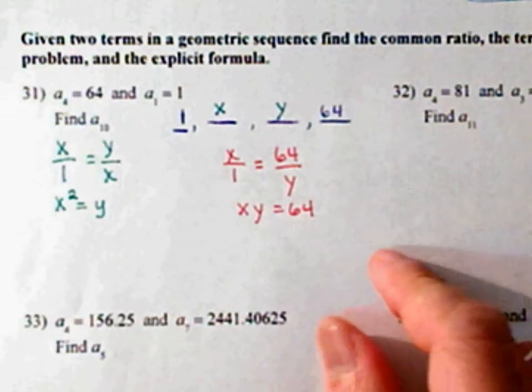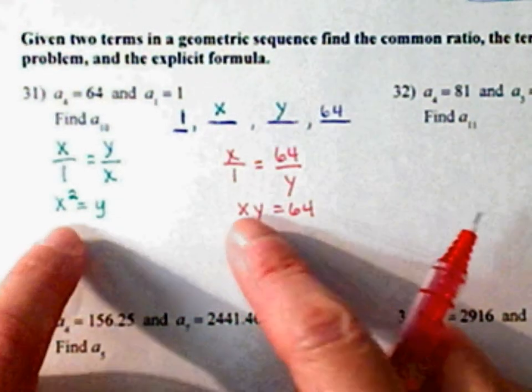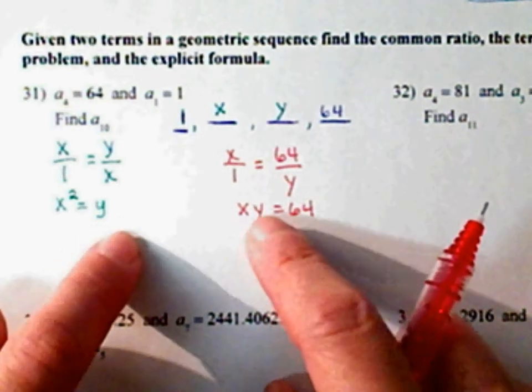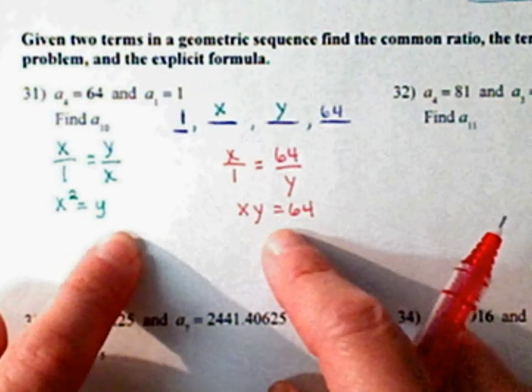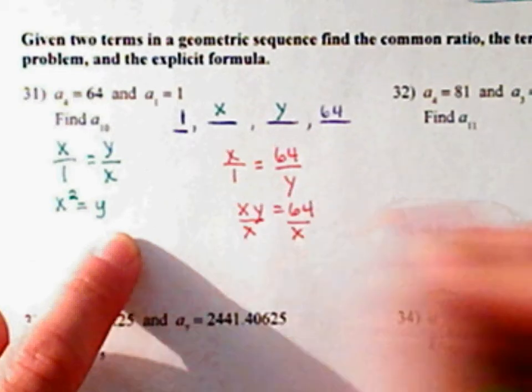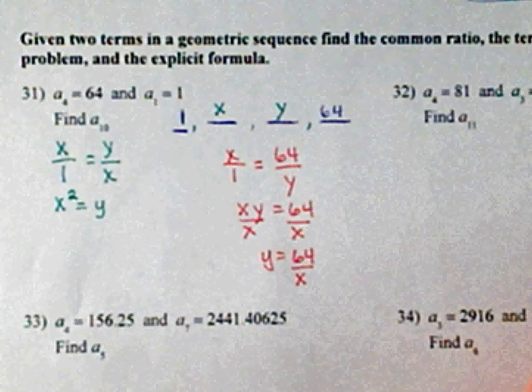Now take a look. What do they both have in common? They both have an x in common, they both have a y in common. But notice the y is to the first power, so you might want to set this one equal to y. So we're going to divide by x, okay? So now you have y is equal to 64 over x. Keep these two in mind.